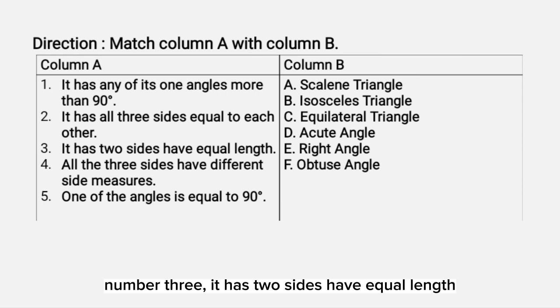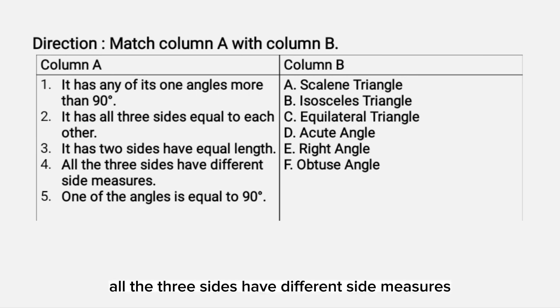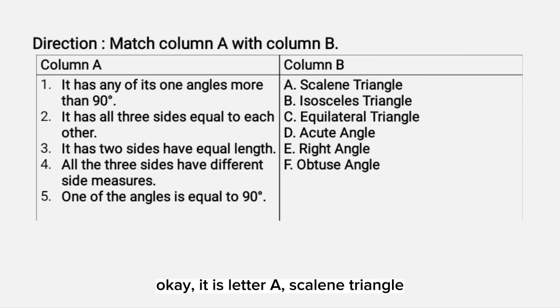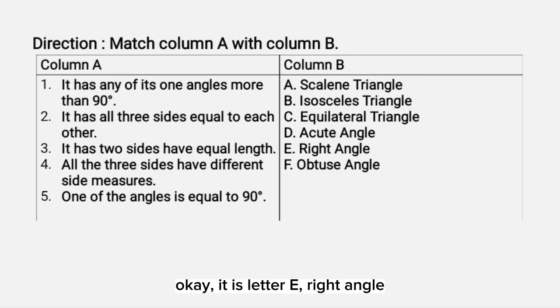It has two sides of equal length. Yes, letter B, isosceles triangle. All three sides have different measures. Okay, it is letter A, scalene triangle. Lastly, one of the angles is equal to 90 degrees. Okay, it is letter E, right angle.